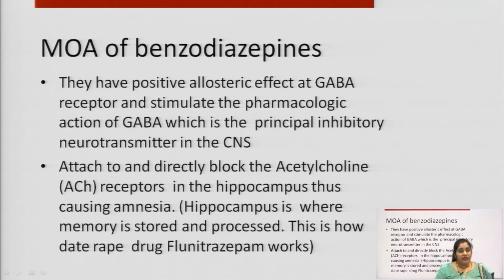Now, the mechanism of action of benzodiazepine, how will they act? So, they have a positive allosteric effect on the GABA receptor and they will stimulate the pharmacological action of GABA, that is the main inhibitory neurotransmitter in CNS. Basically, CNS is depressed by GABA.